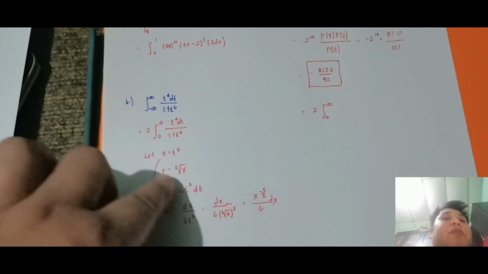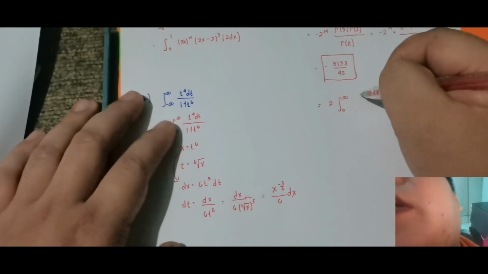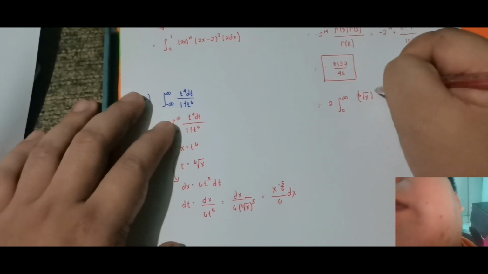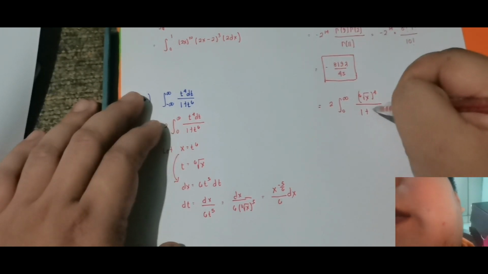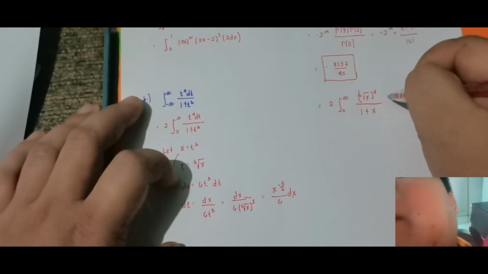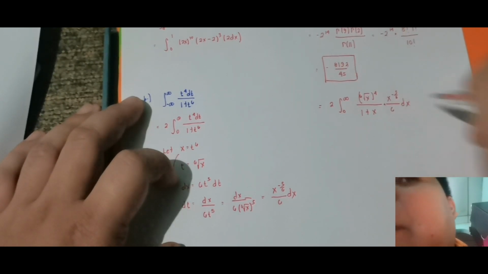Tapos palitan natin t raised to 4. So this is a 6th root of x, tas naka-raise sa 4, all over 1 plus x na lang. Tas yung dt natin, papalitan natin ng x raised to negative 5 over 6 over 6 times dx.